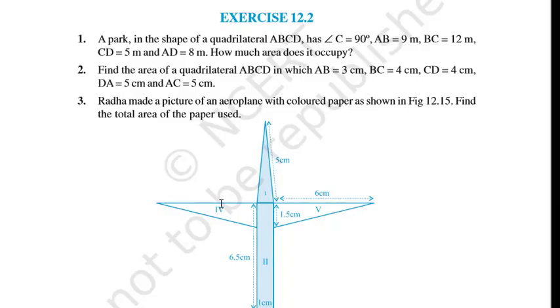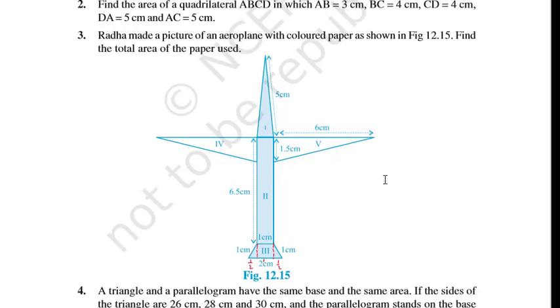Now third question. Radha made a picture of an aeroplane with colored paper as shown in the figure. Find the total area of the paper used. So here you can see this diagram. We have divided this diagram in part 1, part 2, part 3, part 4 and part 5. Now part 4 and part 5, they are identical.